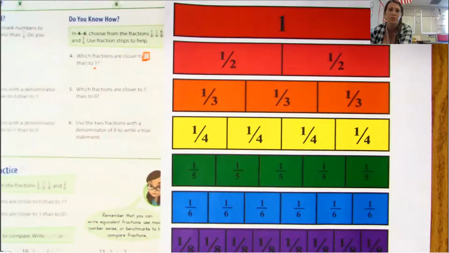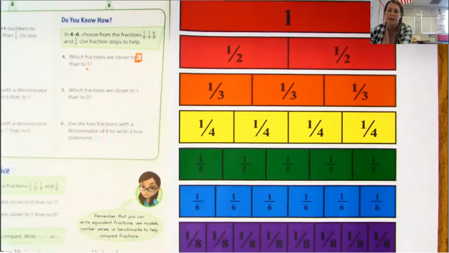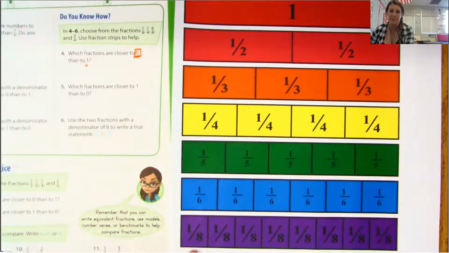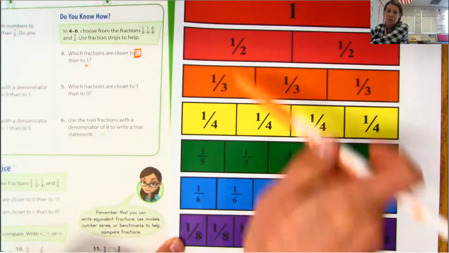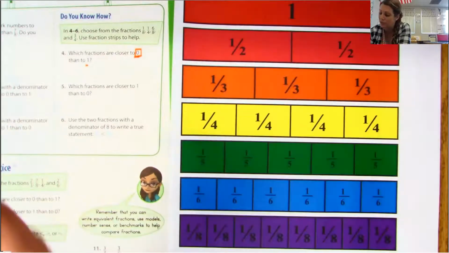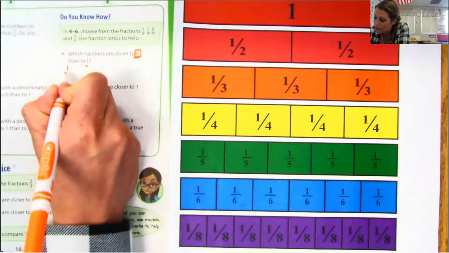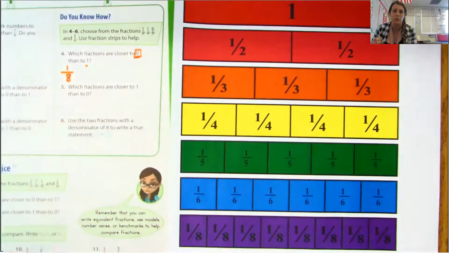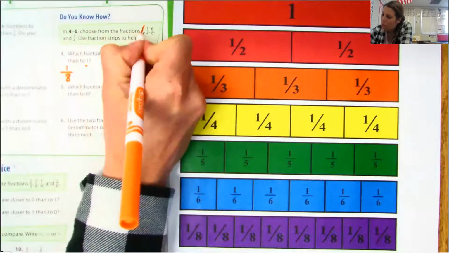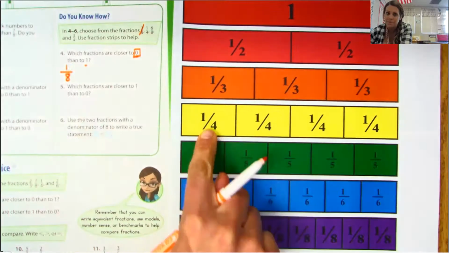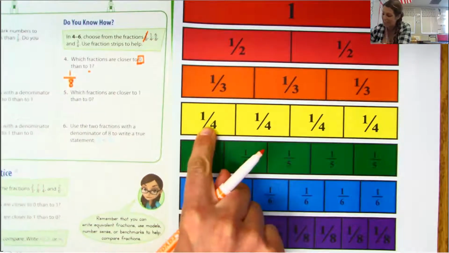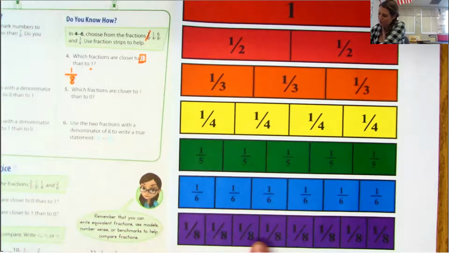So if we look, I'm going to scooch over just a little bit. Let's look at 1/8. 1/8 is pretty small. Do you agree that 1/8 is closer to nothing than to 1 whole? Yes, absolutely. So 1/8 would be closer to 0. Go ahead and write it down. What other fraction? 1/4, all right, here's 1/4. 6/8. 1, 2, 3, 4, 5.